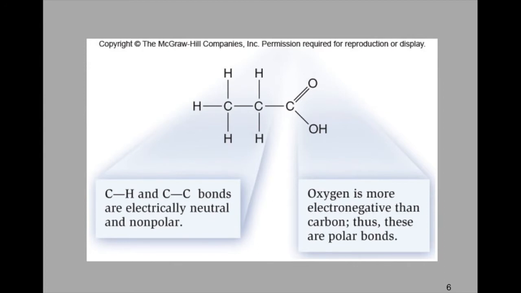But over on the right side of this amphipathic molecule, carbon is double bound to oxygen and to another oxygen with a hydrogen on it, and this causes a little bit of polarity in those bonds. So the left side of this molecule is nonpolar, whereas the right side of this molecule is polar. And this is just to show you that carbon itself as an atom can form both polar and nonpolar covalent bonds.